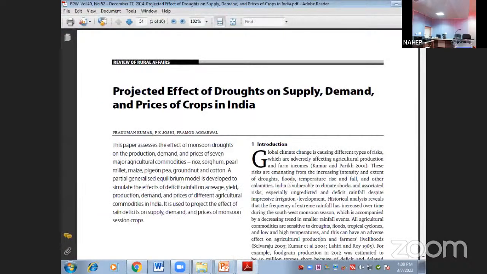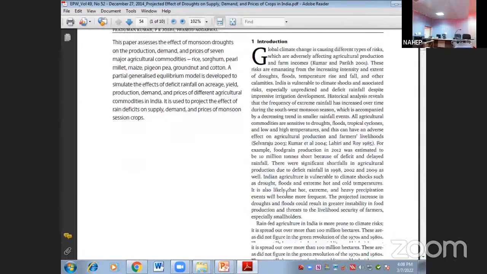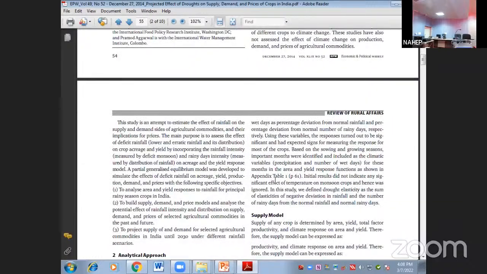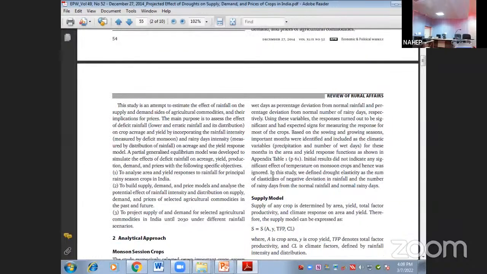This is a paper where we look at the impact of climate change. What is the effect of climate change on supply? Because climate affects the supply, supply affects the price, and price affects the demand. So you read this paper. Here we start with a very simple model.